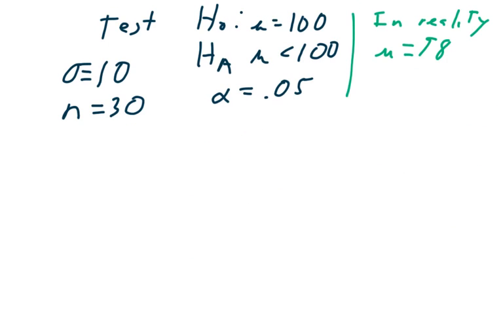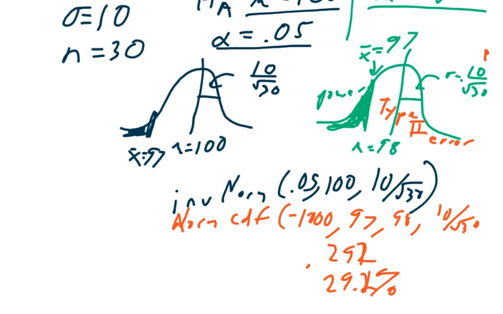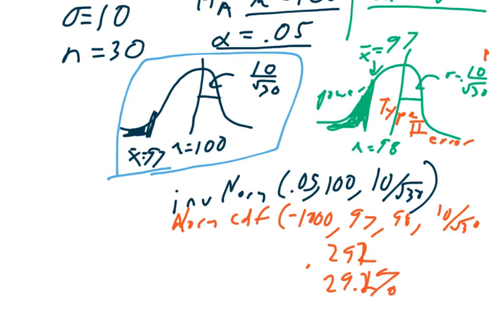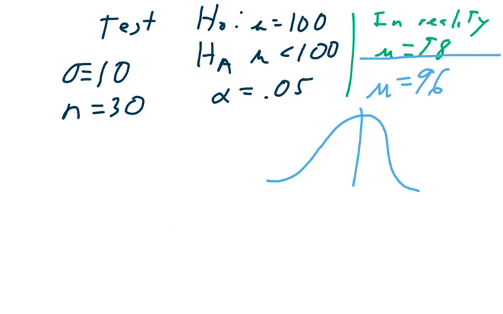The last way I'm going to show to increase power is I'm going to change this 98 to be even further away. So let's say that this is 96. Going back to the first graph I had, this doesn't change at all if I'm just going to change the new mean. So the important x bar here was 97.